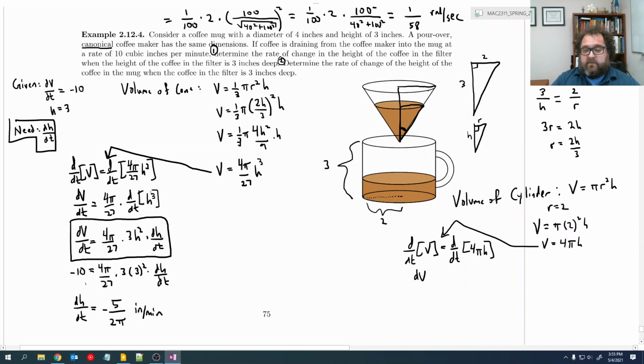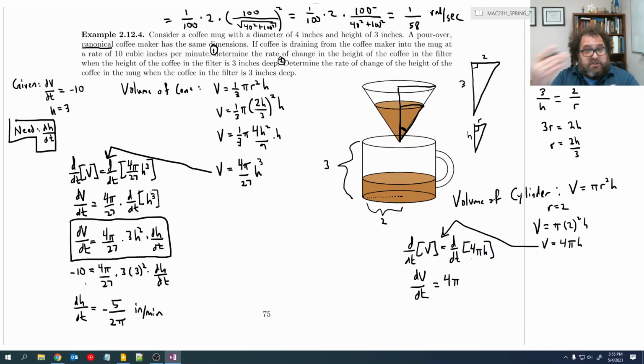Of course, just like before, we get dV/dt on the left. Now let's cut to the chase here. We have a 4 pi, that's a constant multiple, so technically we're factoring out the 4 pi, then differentiating the h. Think about h to the first power.